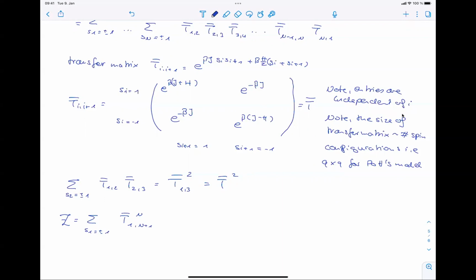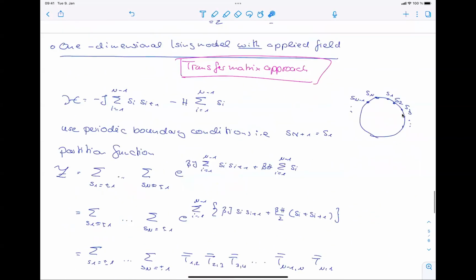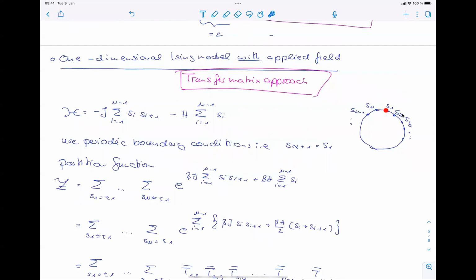And then in the end, taking the sum over all these matrix products, evaluating S1 plus 1 and S1 minus 1, given that the state n plus 1 is actually, we're looking back, right? We're looking back to S1, as n plus 1 is just S1.